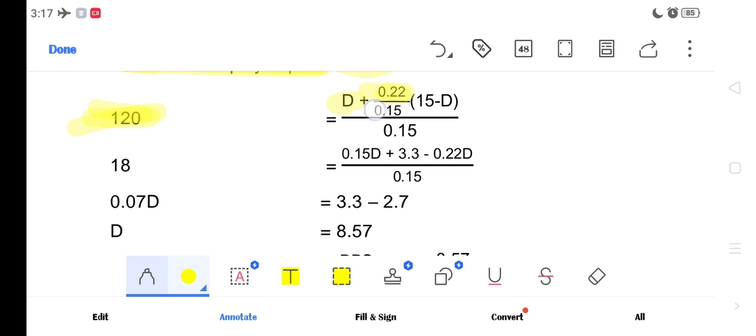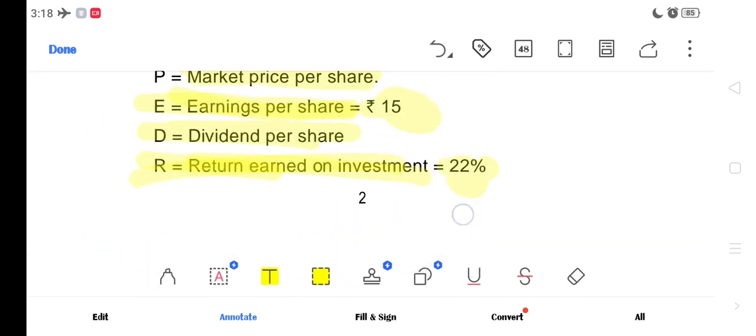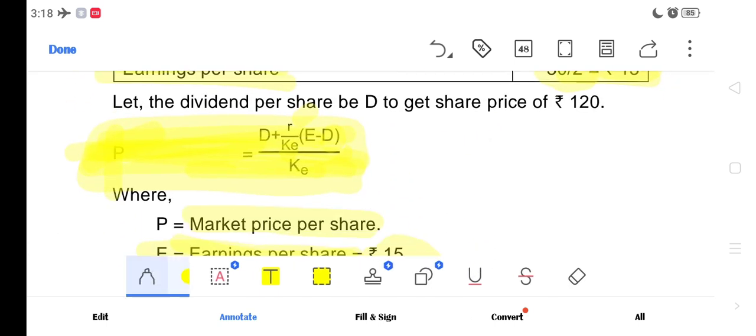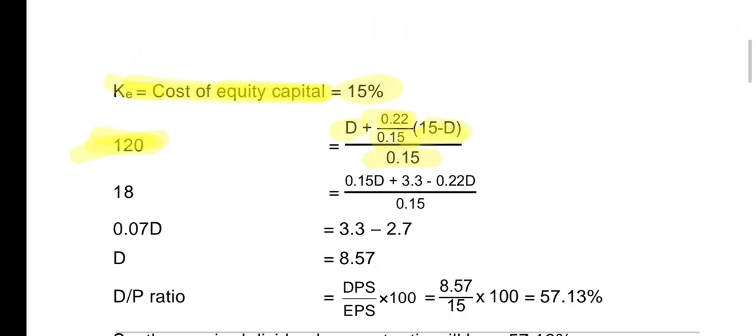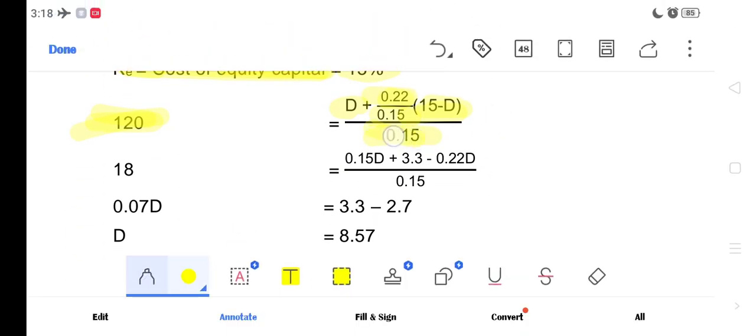So 0.22 and 15%, which is 0.15, and E minus D, where E means earnings. Just now we have calculated 15 rupees per share. So 15 minus D, which we have to find out, divided by 0.15, which is KE again. In the formula, the denominator, KE means 15%, no? So that's why here we get 0.15.